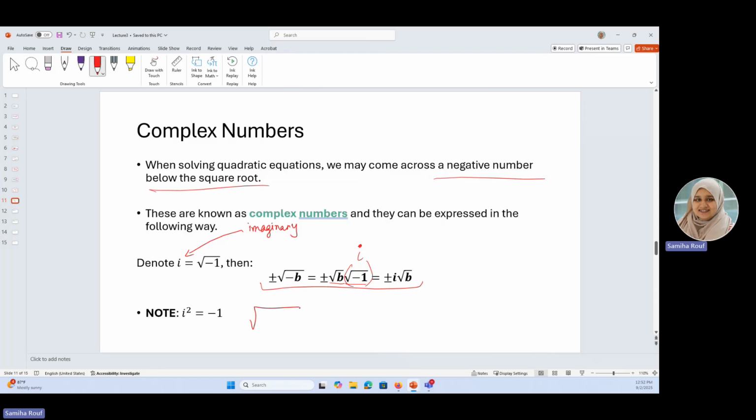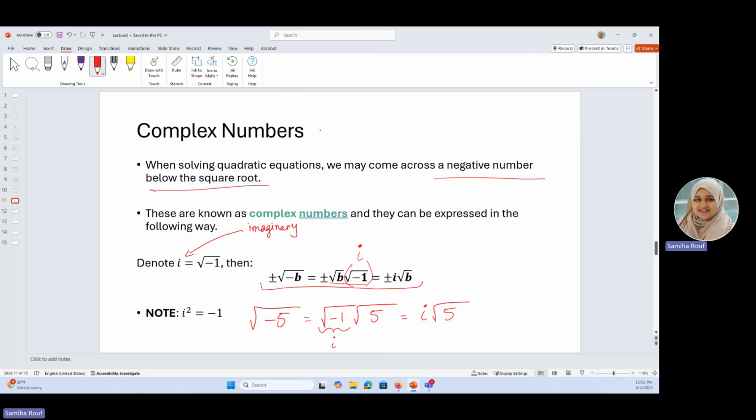So for example, if I have square root of -5, this is the same as square root of -1 times square root of 5. The square root of -1 is my symbolic i, and then I have the square root of 5. So usually we would write the i in front of the square root of the other number.